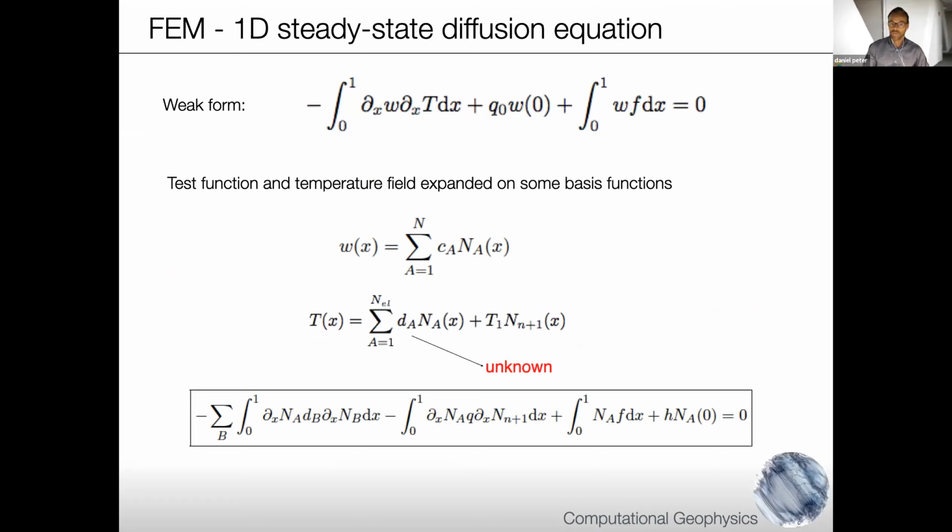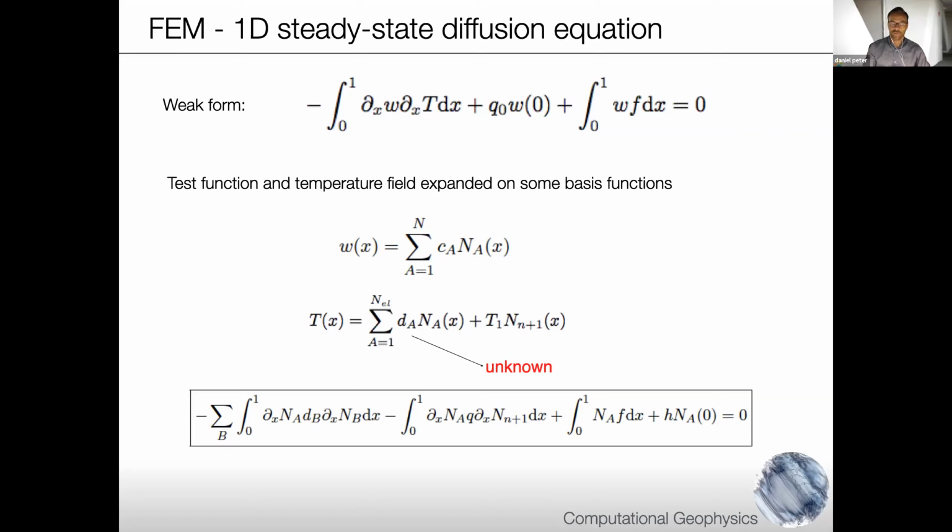And so the unknowns are these d_A coefficients. Once we have these unknowns determined and solved, then we know what the temperature field T is at any position. So when we use these expansions, we put this into the weak form and then find these expressions.